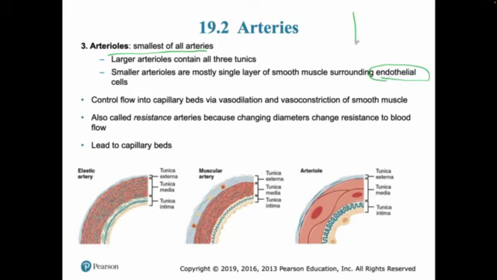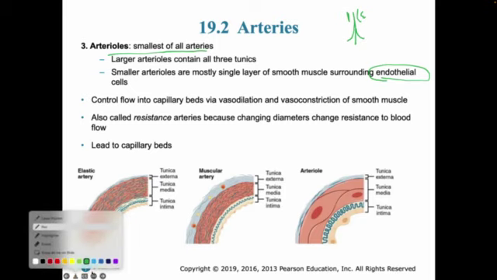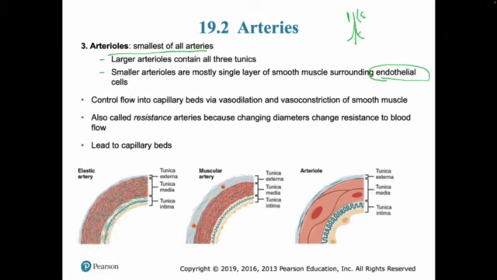So again, the aorta, or the bigger one, first degree, are the elastic ones and their main branches. One that branches off from there will be the second degree, which will be the muscular one. And branching off from that are our arterioles. These are the smaller ones, third degree arterioles.